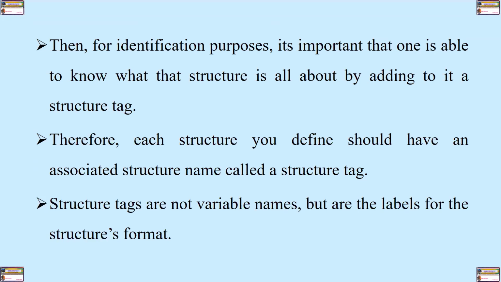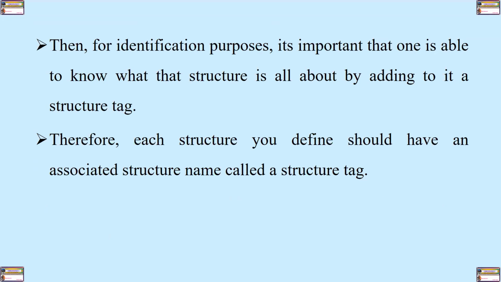I repeat, each structure that you define should have an associated structure name, what we call a structure tag. In other words, for you to be able to identify what the members are representing in a structure, always give that structure a name depending on the content that that structure is expected to hold.